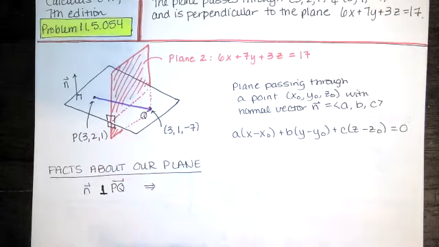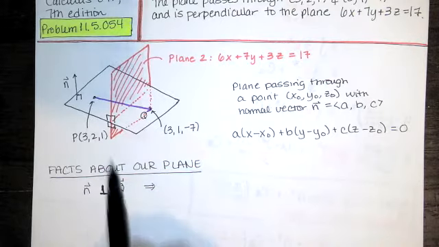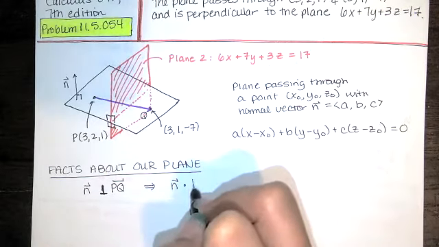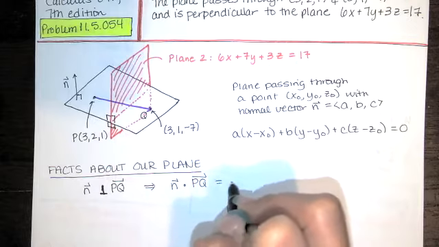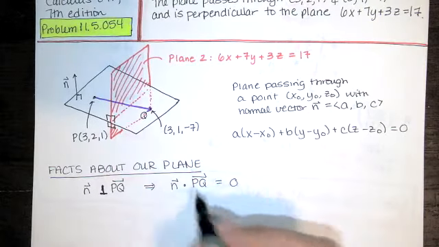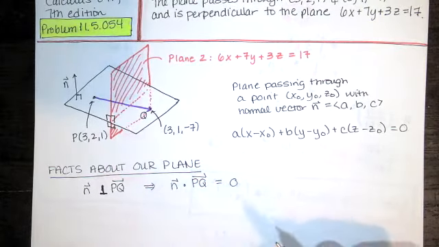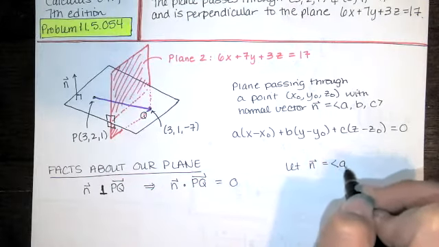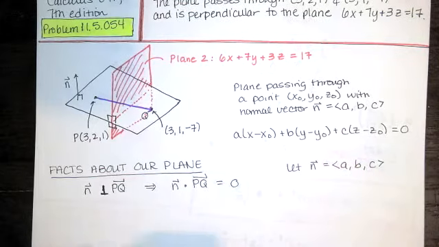And that means that the dot product of PQ and N must be 0, because we know that any two vectors that are orthogonal to each other must have a 0 dot product. So I don't know what N is. Let's just say that N will have components A, B, and C.